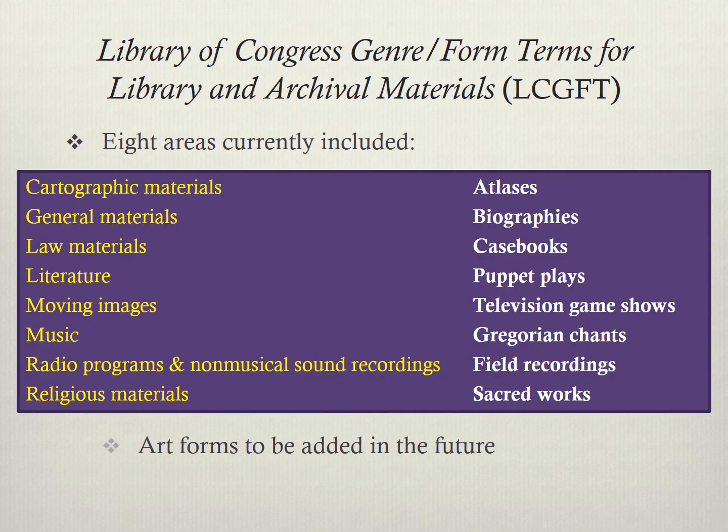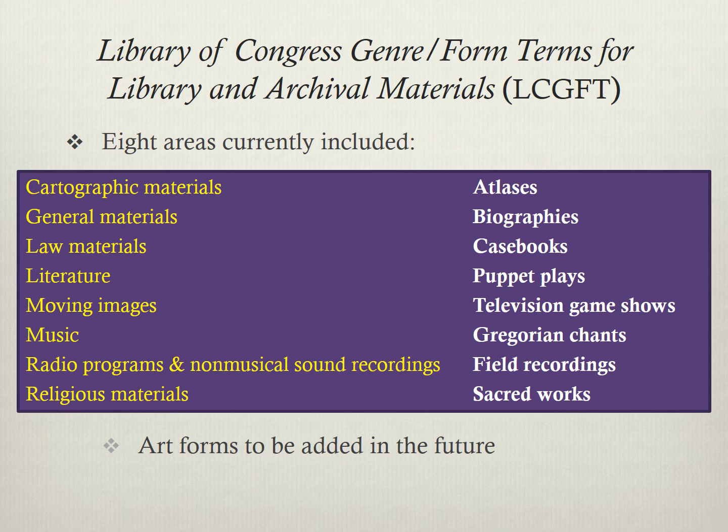So here is an example of the areas currently included in the LCGFT, and then a sample of specifics from each of those areas. You can look through this list and see the areas on the left and then the examples on the right.